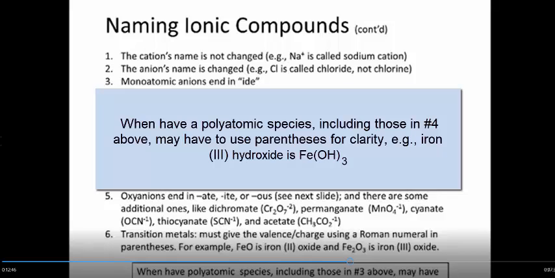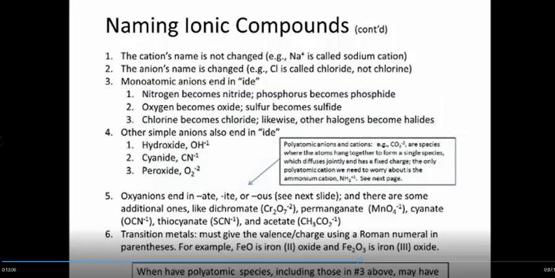So we have to use parentheses so that whoever we're showing this to knows that we have 3 hydroxides. So when we use polyatomics, we usually also have to use parentheses to make sure people are not confused. The rule always is we try not to confuse people. We try to make it clear to whoever we're trying to communicate with exactly what molecule we're talking about.